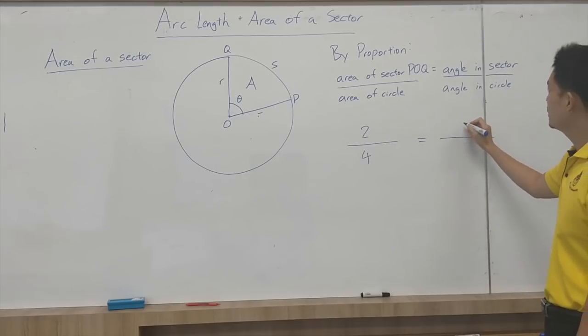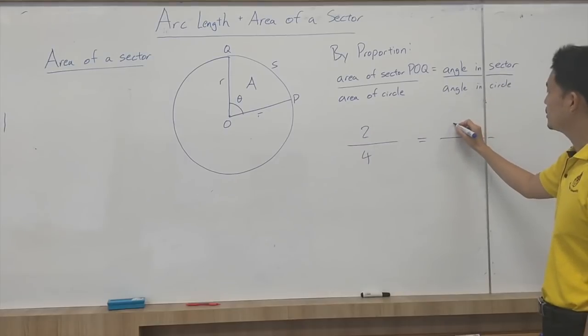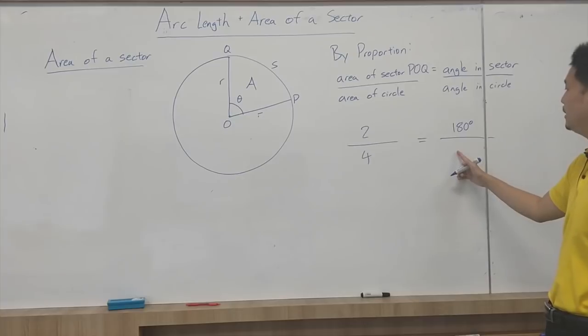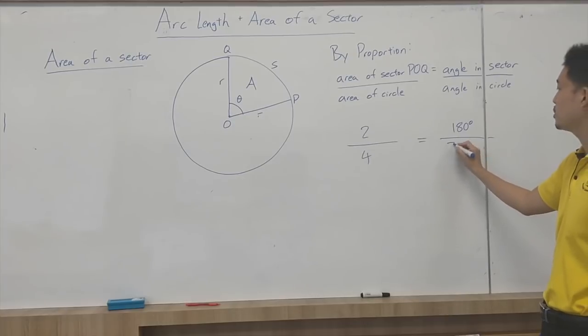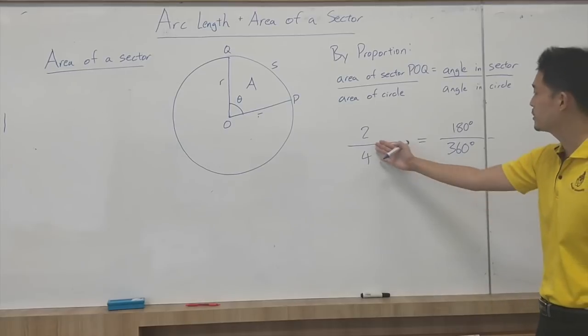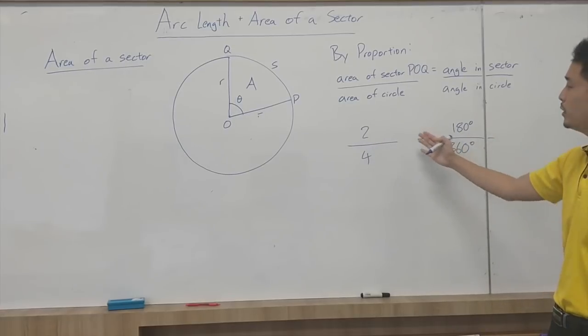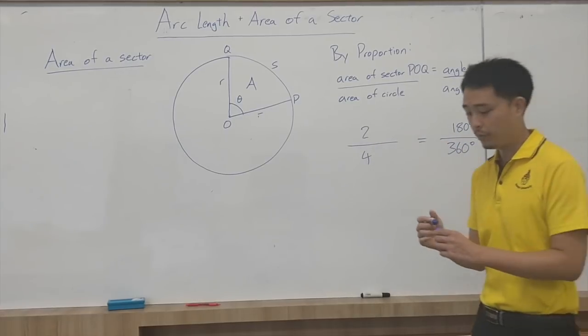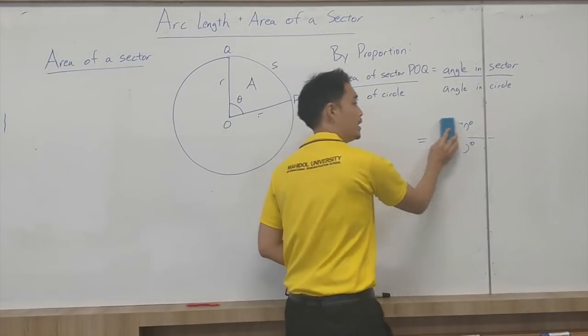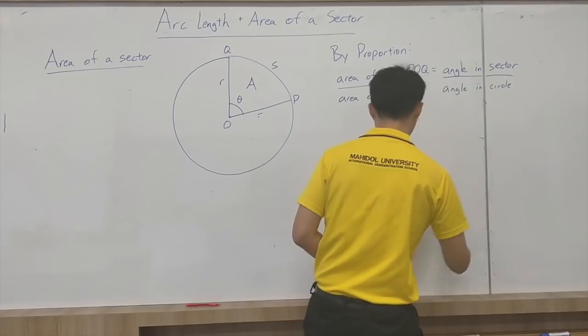In this case, the angle in the sector is 180 degrees because it's half of the circle, and the total circle is 360 degrees. So as you can see here, 1/2 equals 1/2. The proportion holds true.